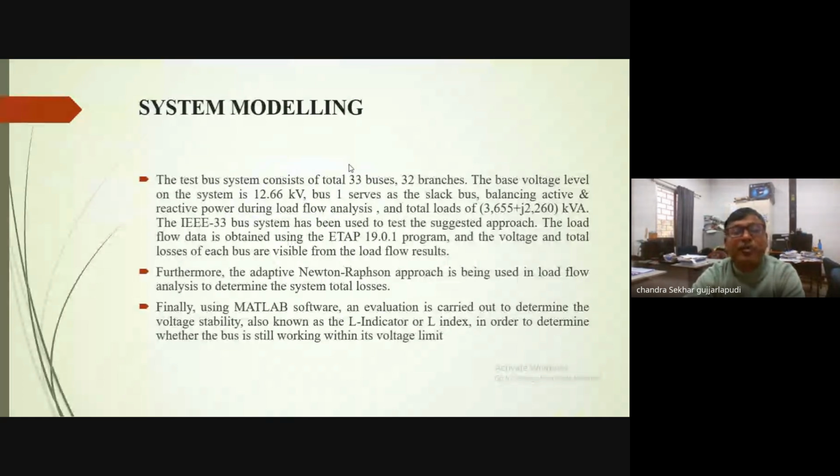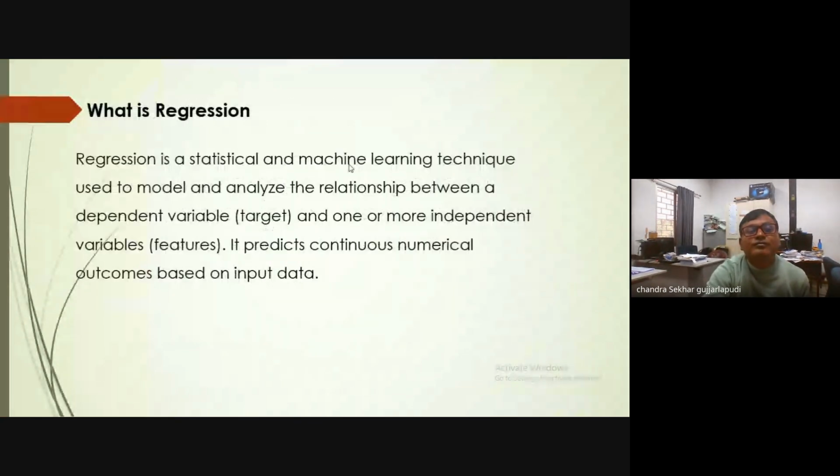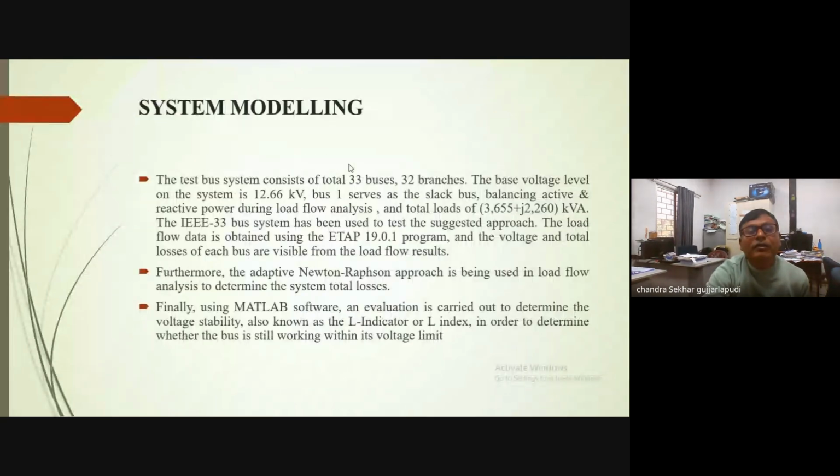For different switching conditions, different patterns, different reconfigurations, we have calculated the L index. Using that, we make a data set.